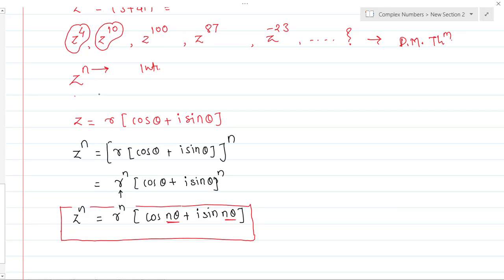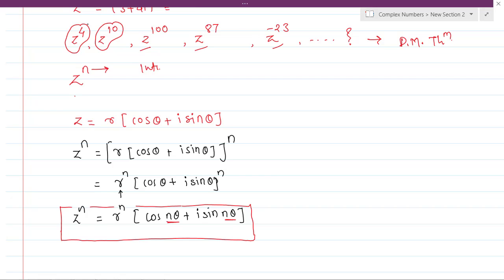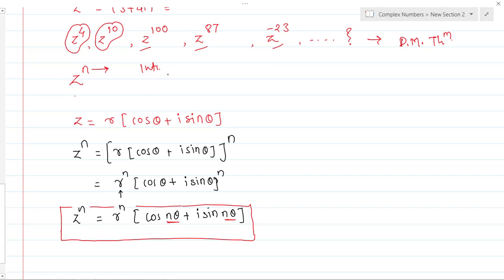So let's find out the powers here: z100, z87, z minus 23. What will be z to the power 100? It is r to the power 100 into cos of 100 theta plus i sine of 100 theta.